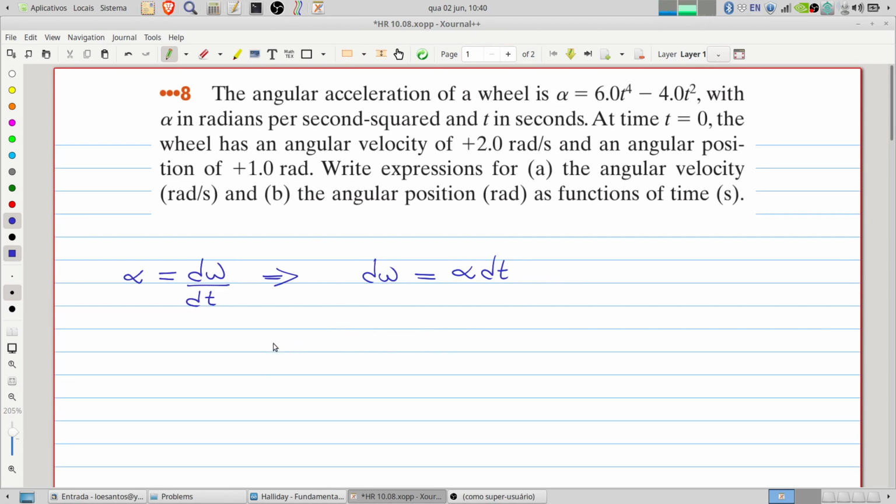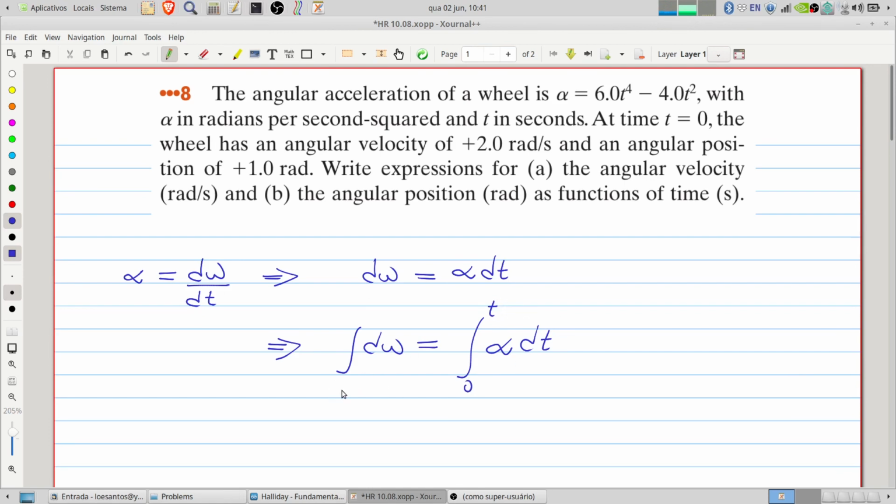Therefore, we can write that the integral of the angular velocity equals the integral of acceleration with time, and we'll integrate in time from 0 to a time t.